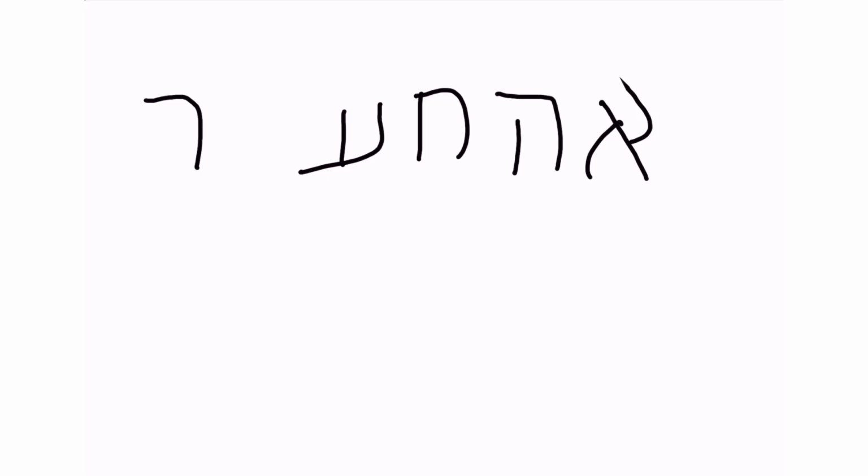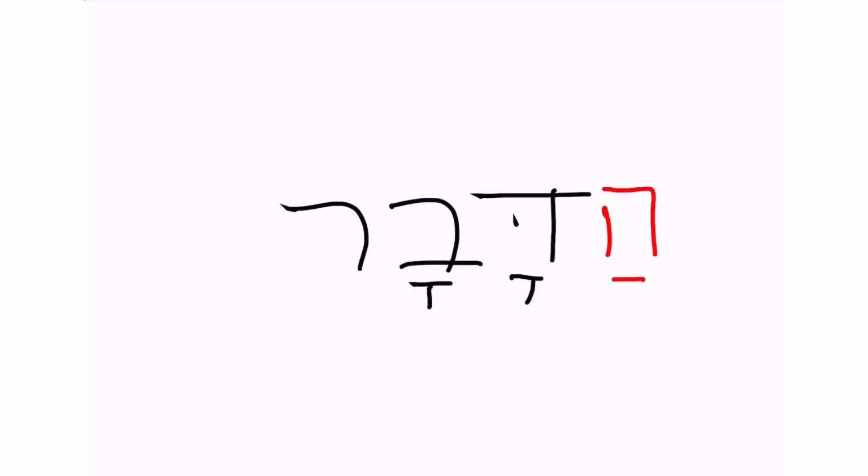So let's take what we learned about the definite article in an earlier lesson, He, Patach, and a Dagesh forte. That's how you form the definite article. So if you were to put this on, for example, the word davar, you would write He, Patach, and then put a doubling dot in there.